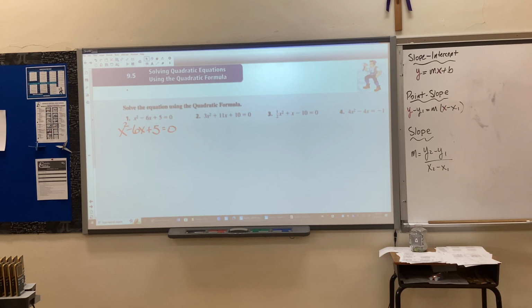Plugging these numbers into the quadratic formula, hopefully you get 1 and 5. Take the square root of that number, minus that.